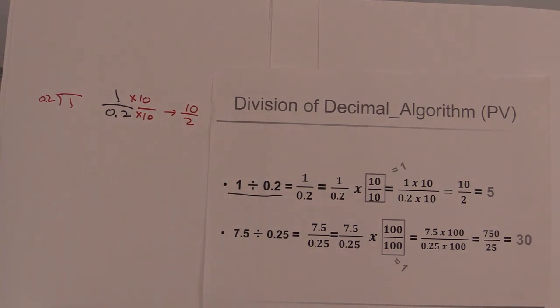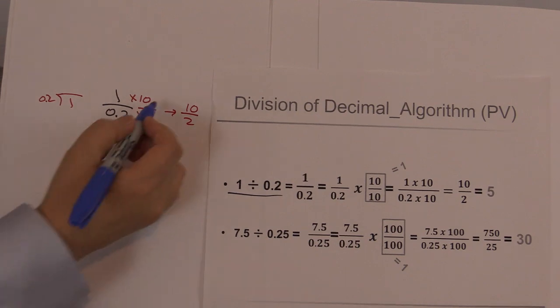I think I can do 10 divided by 2, which is 5, right? I can do that. That's 5. But we don't need to go back to decimals. Why is that? Because remember that when you're talking about a fraction, if you multiply the top, you have to do the same thing to the bottom. Otherwise, we are going to change the original numbers.